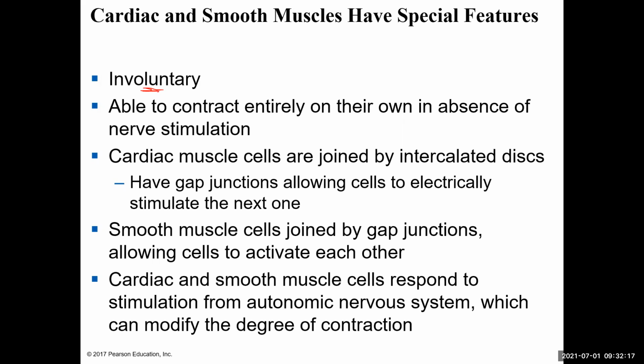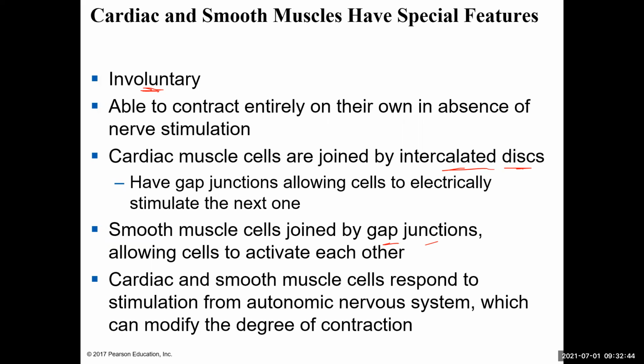Cardiac muscles are actually joined together by what's known as intercalated discs. And these discs have gap junctions, which we referred to in our earlier chapter, that allow electrical signals to move between those cells and to communicate with one another. Smooth muscles are also joined by gap junctions, which again allows for communication.